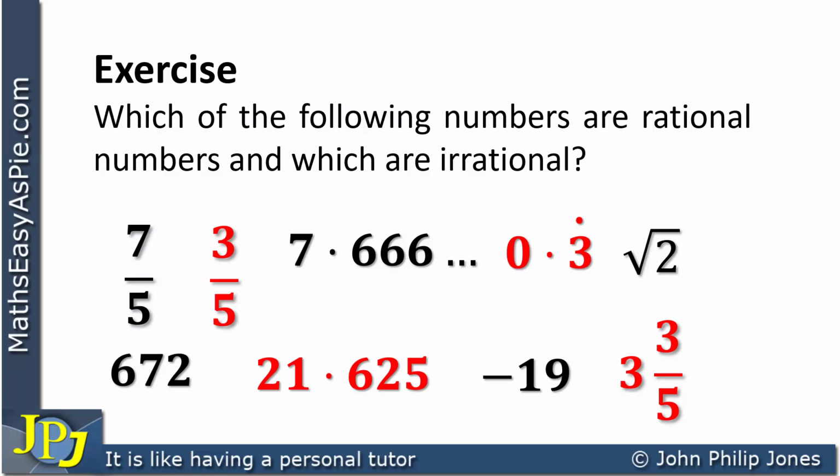And I'm going to do that in the next video when we will complete the answer to this exercise. But every number you see in front of you is a rational number apart from this one, which is the square root of 2. And we'll explain why this is an irrational number in the next video in the playlist.